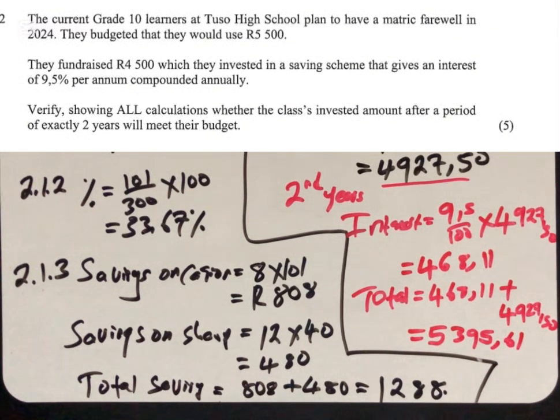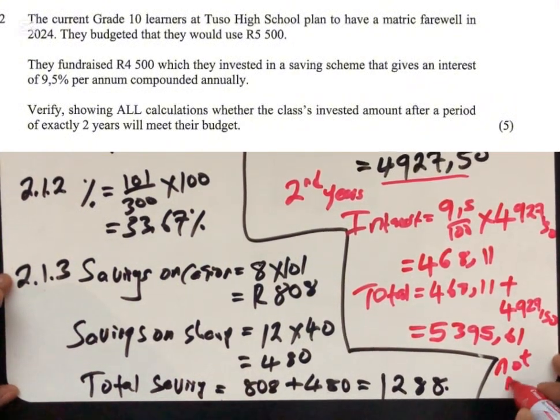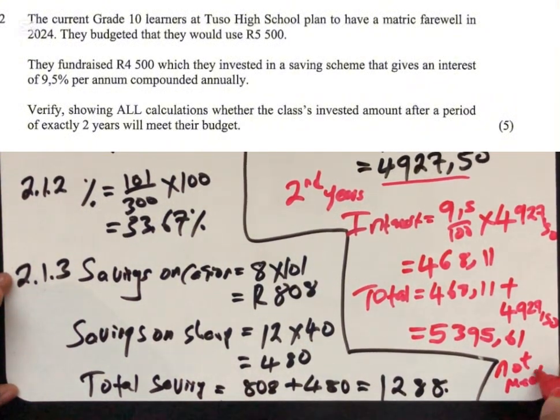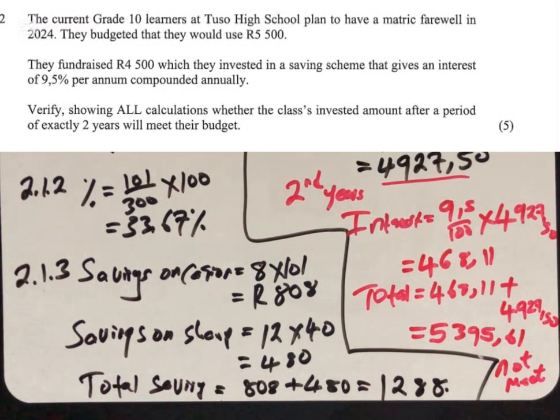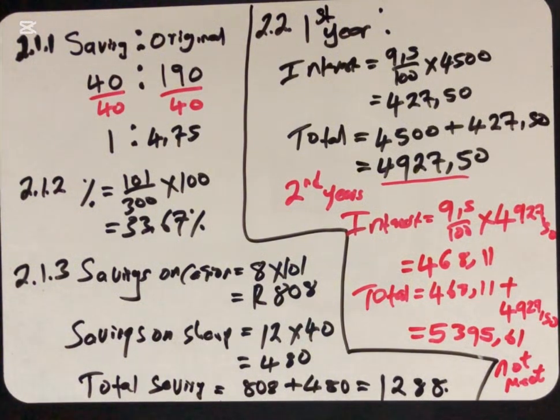It will not meet their budget. This will not meet their budget because they needed 5,500, but they have received 5,395. So this is how you answer these questions of the interest using this information.